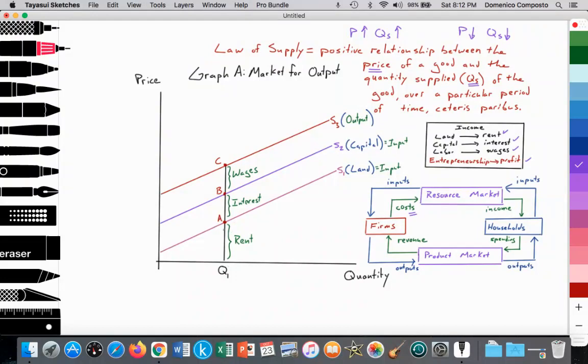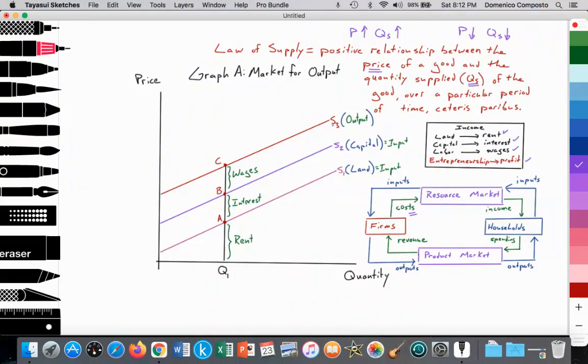So at a quantity of Q1, the firm is incurring land costs in the form of rent, capital costs in the form of interest, and labor costs in the form of wages. All right, the distance from 0 to A being rent, A to B being interest, and B to C being the wages. Inputs plus labor inputs, the combination of land, capital, labor, organized by the entrepreneur to generate output.